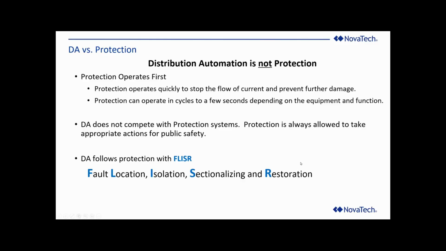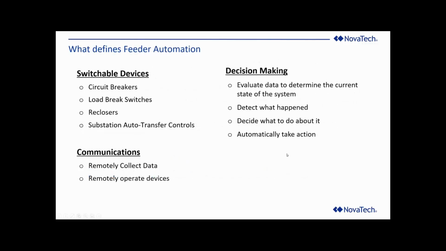I think there's a little bit of a difference in my description of Flizzr. I say it's fault location, isolation, sectionalizing, and restoration instead of service restoration. But both of them work for Flizzr.